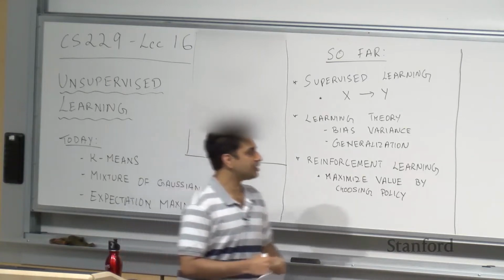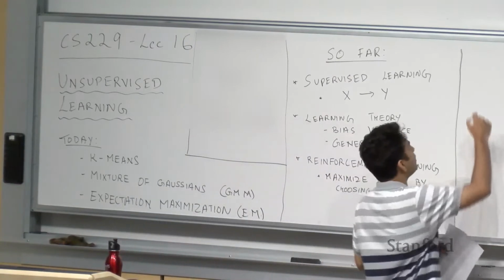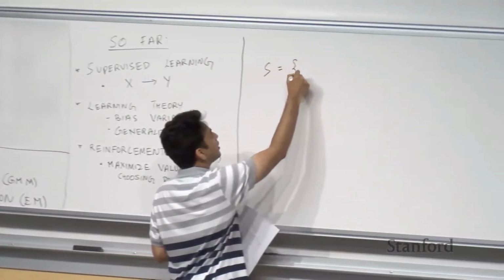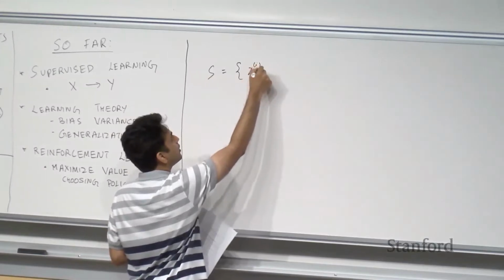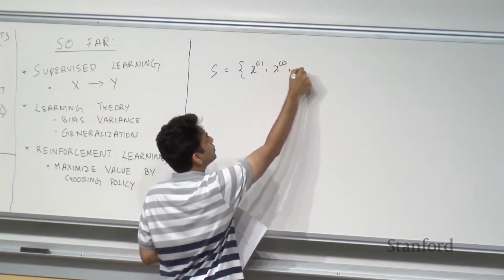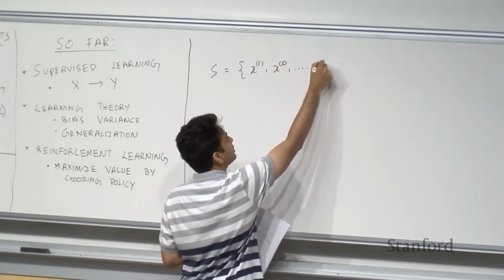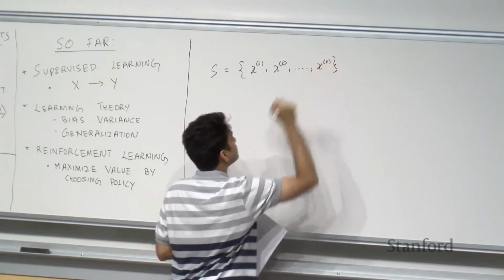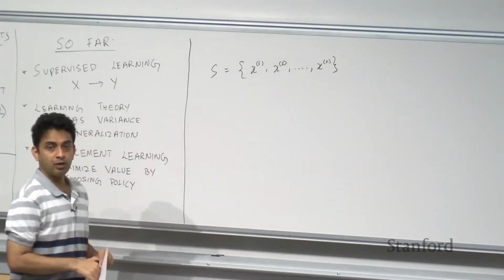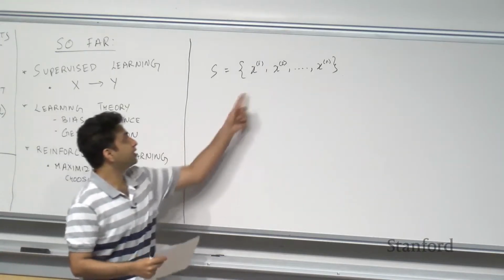And in the unsupervised learning case, we are given a data set, generally a collection of x1, x2, etc., xn, right? And we do not have a corresponding y variable associated with each x variable.